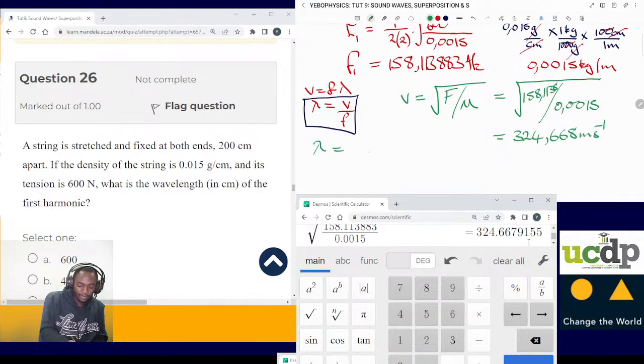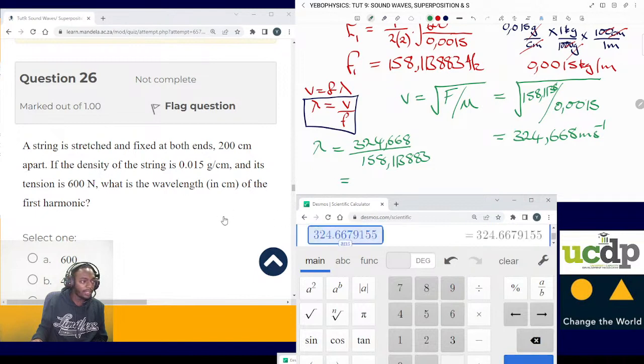Now we can use our equation. Our lambda is equal to 324.668 over the frequency, which we got as 158.113883.